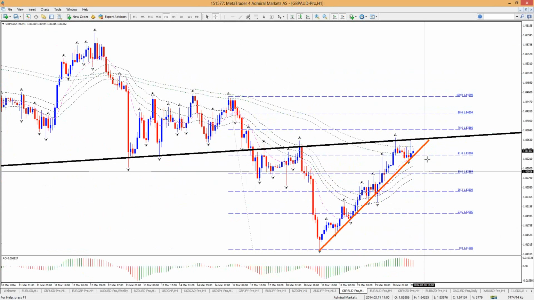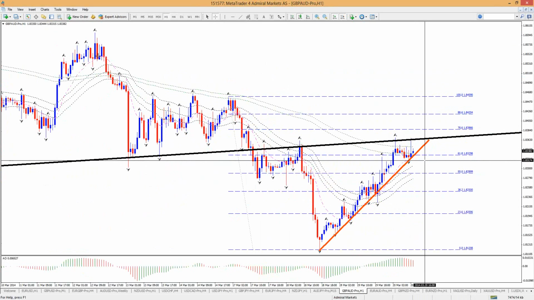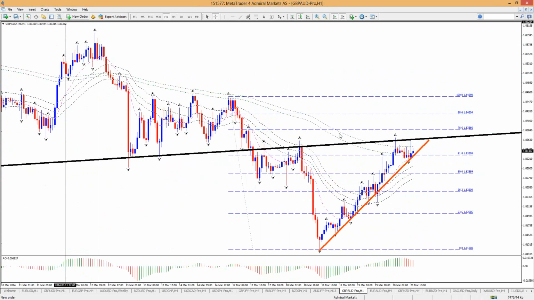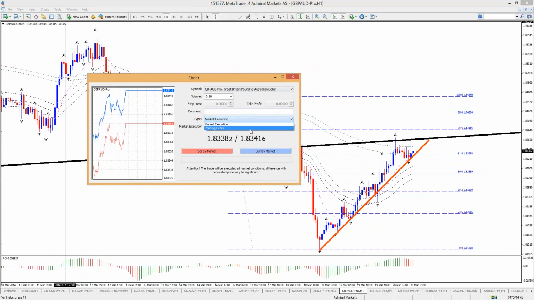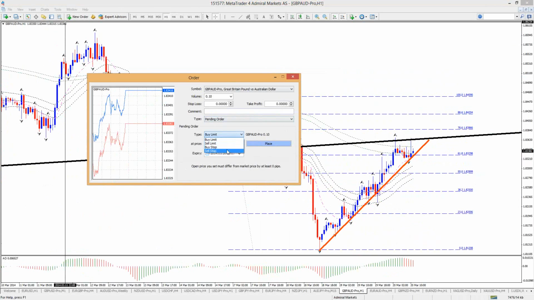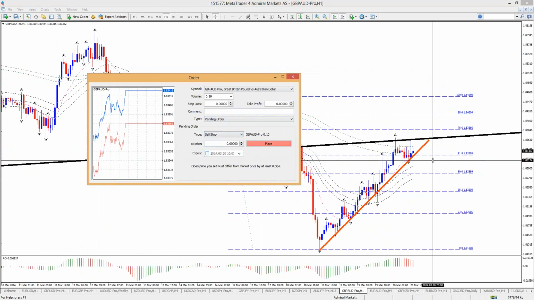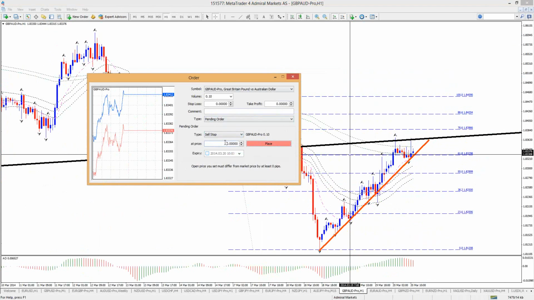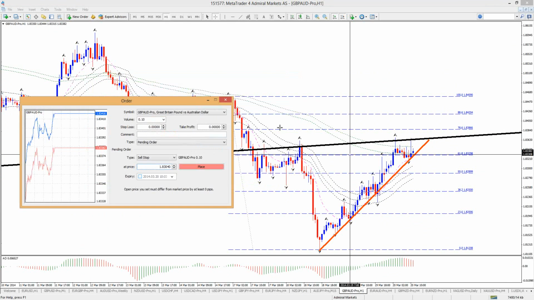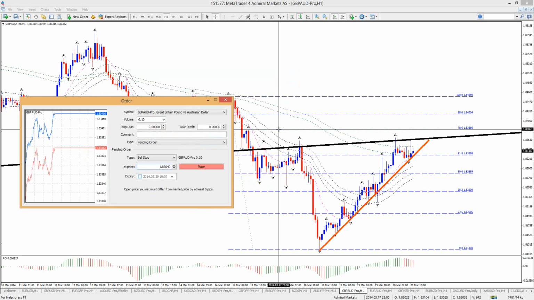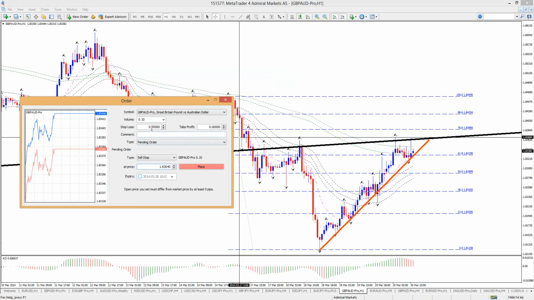Let's see. 183.04 maybe. Stop loss at 184.03 or 07.